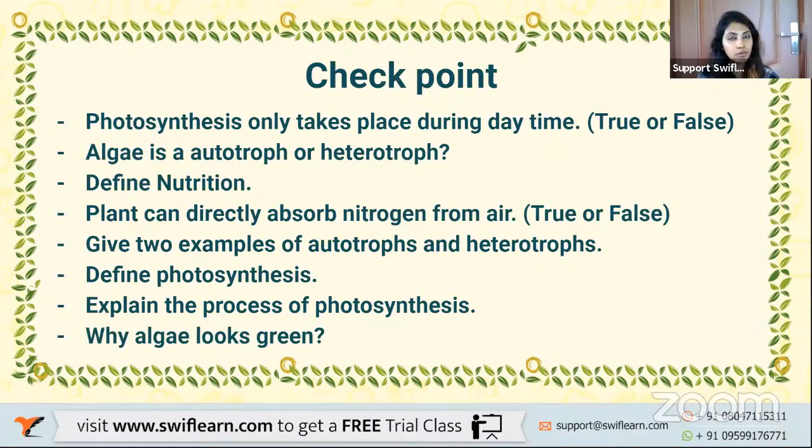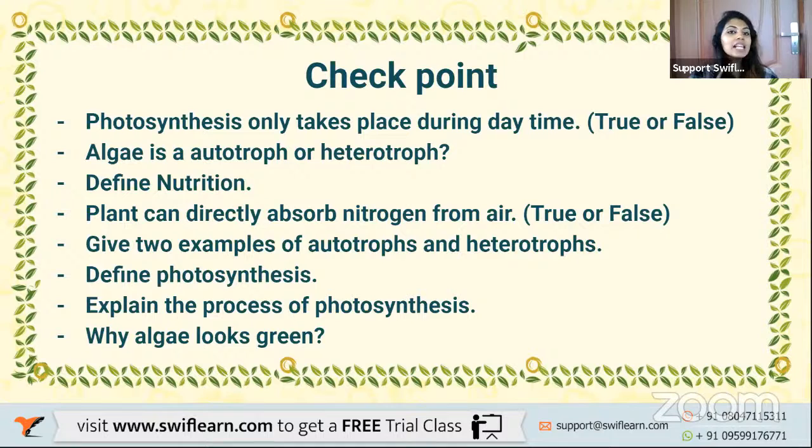This is the process by which green plants make food. From the root, all the minerals and water will go up to the leaves, and there the photosynthesis process will happen in the presence of sunlight, and that is how food is prepared in the plants.